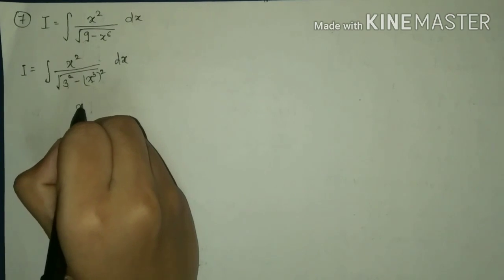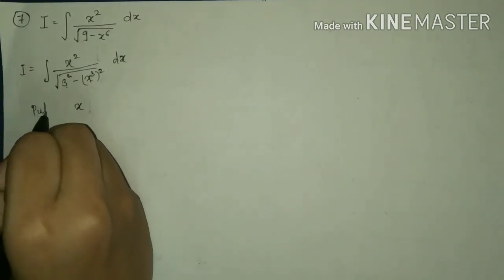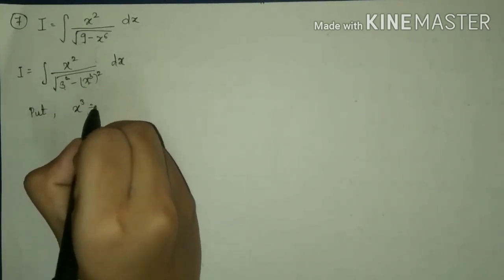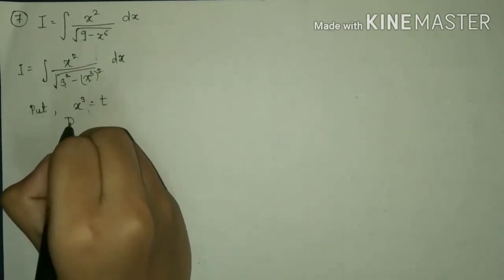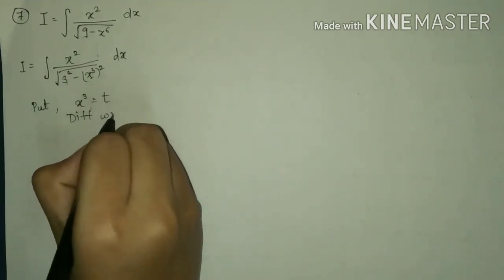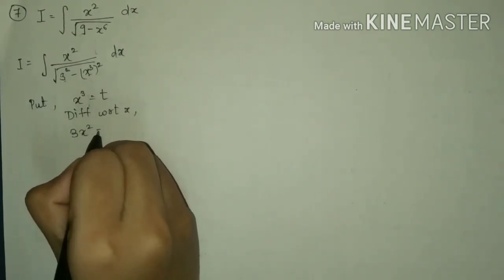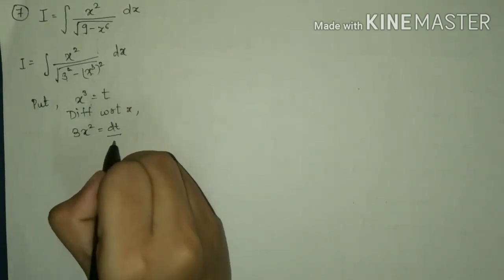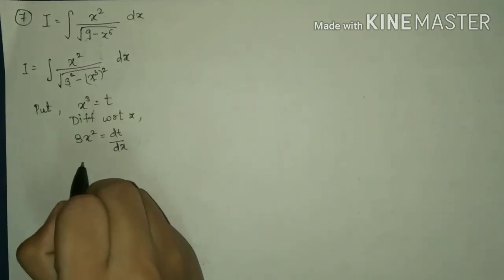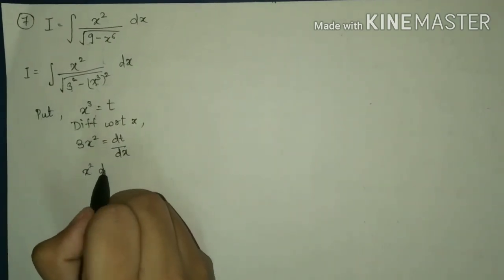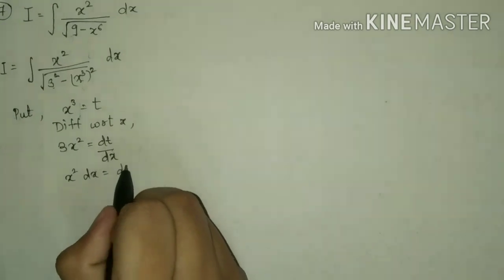So let's write it out. Put x cube equal to t. So when I differentiate this with respect to x, I get 3x square equal to dt. Differentiate t with respect to x. So this x square dx is nothing but dt by 3.